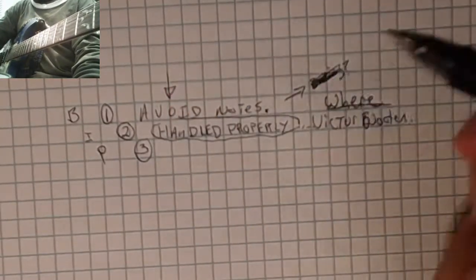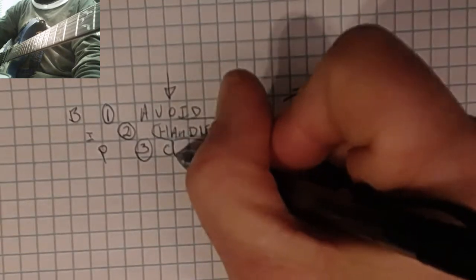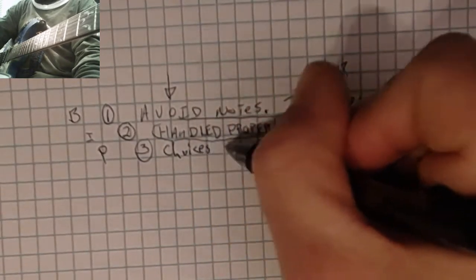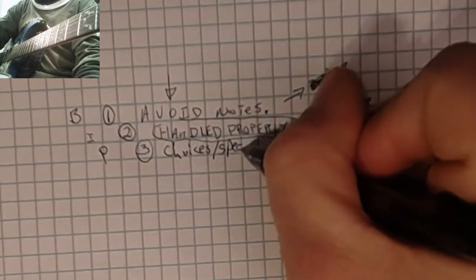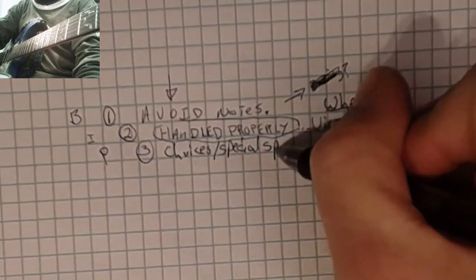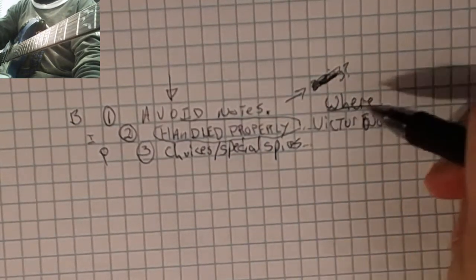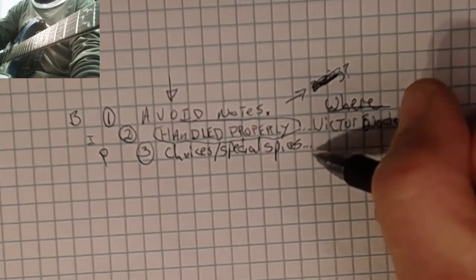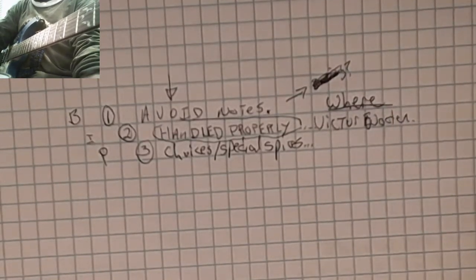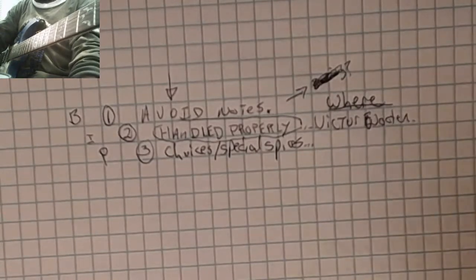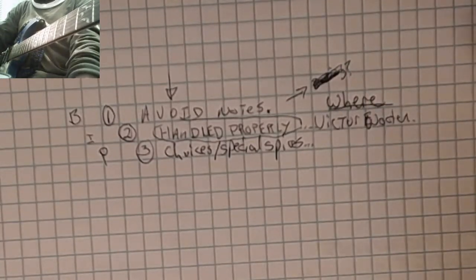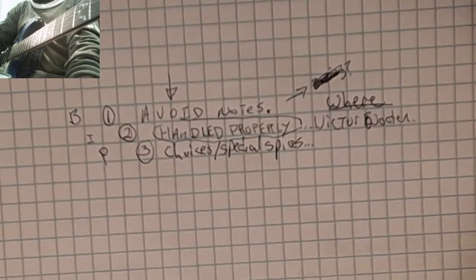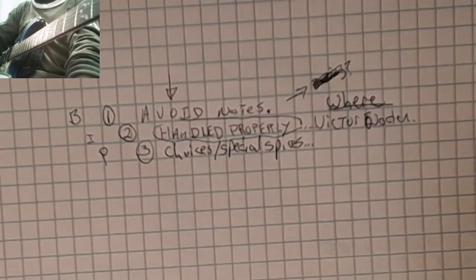In level 3, these become choices. Or we're going to call them special spices. Kind of like you jazz up a meal. Let's just say that your choice of basic meals to keep you sustained was rice and vegetables.